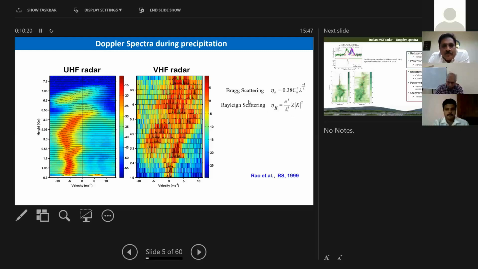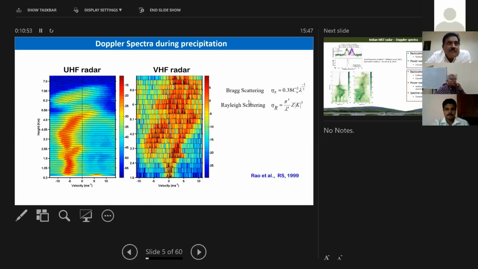When you use VHF to UHF radars, particularly at VHF, you get a very strong backscatter because of Bragg scattering, but also a very weak backscatter from the particles when rain is there. As the frequency increases, at UHF frequencies, because lambda is very small, you will get a very strong Rayleigh backscatter.